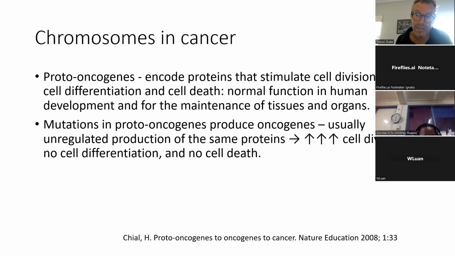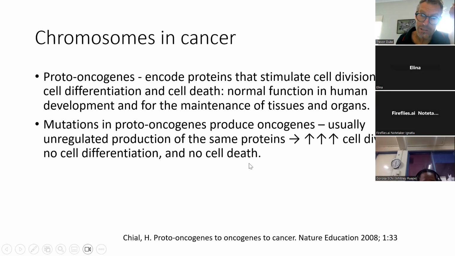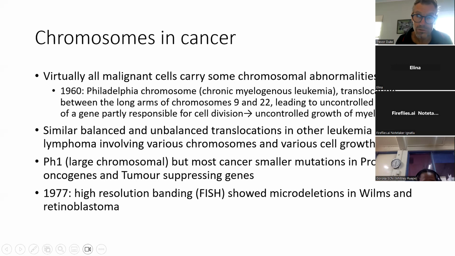Well, if there's unregulated cell division and there's no cellular differentiation, then that means the same type of cell is being produced multiple times, like thousands and millions of times, and that is what leads to cancer. And the other thing, if you have an oncogene, then it may lead to an inhibition of cell death. There's a natural process of cell death, but if you have unregulated cell division, no cellular differentiation, and no cell death, then there'll be just a continuous growth of the same cells. That is a cancer.